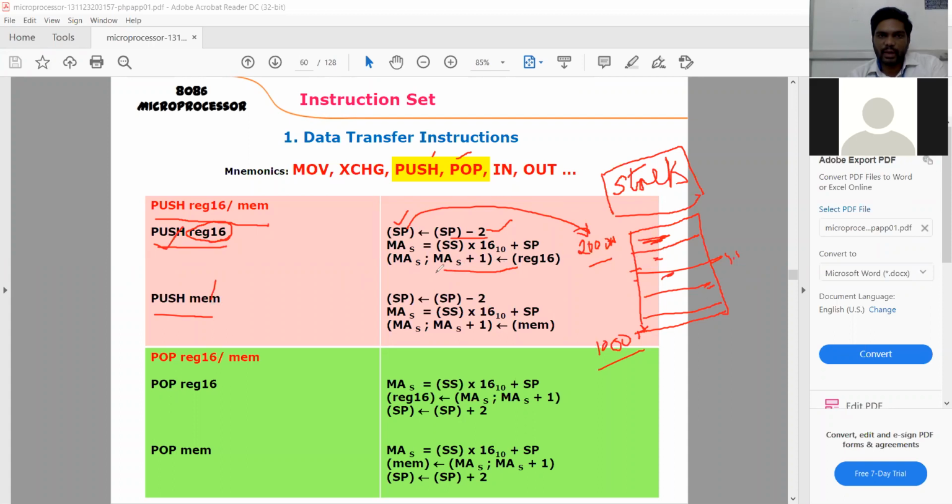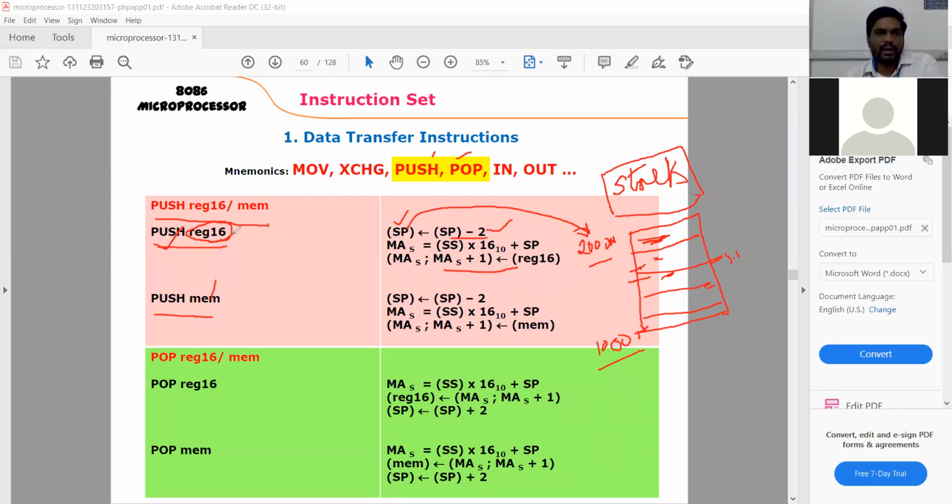So we have to remember that the push instruction is used to put data into the stack, to insert data into the stack.